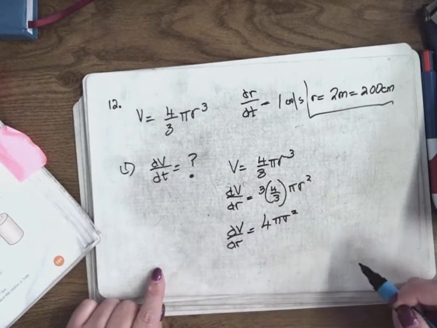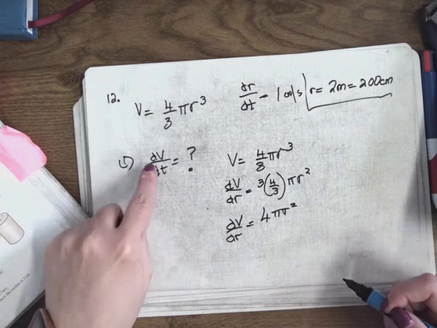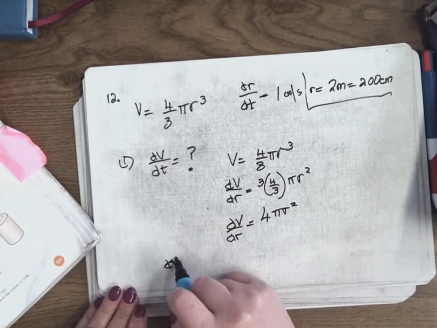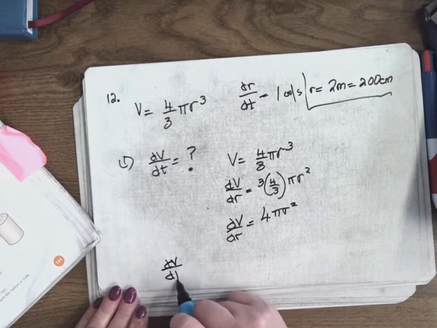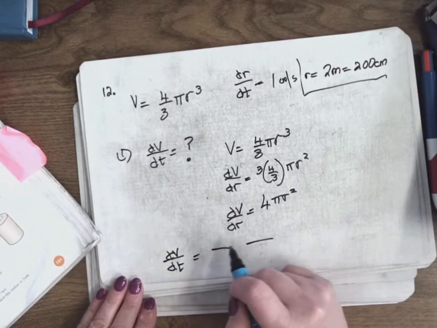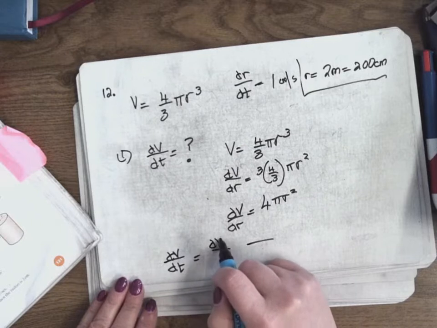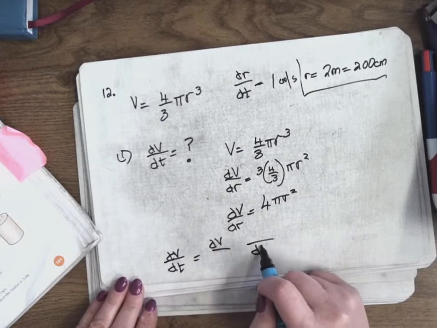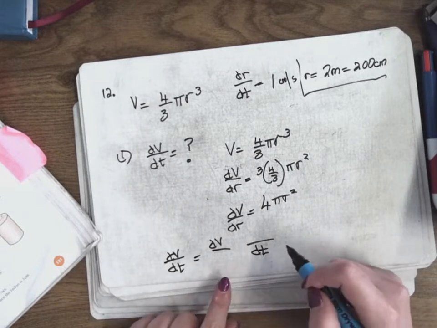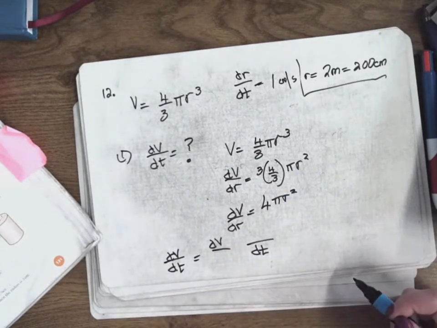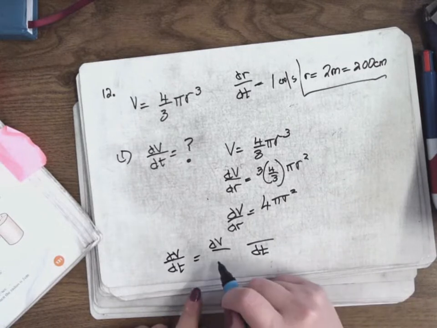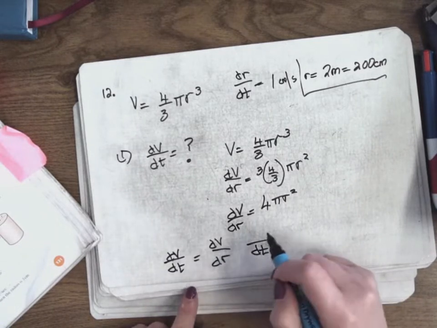Now, they didn't ask me for dV/dr, they asked me for dV/dt. So I split it into 2 fractions, dV on top and dt on the bottom. Then I look around for what else has been mentioned: dr, so I put a dr here and a dr here.